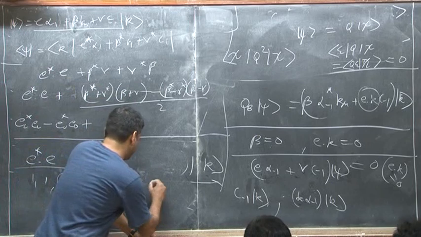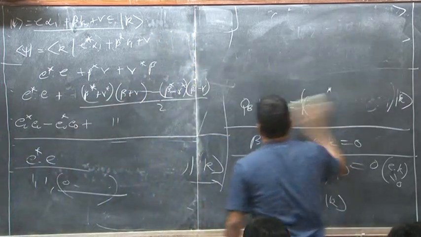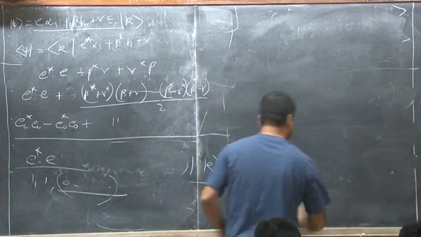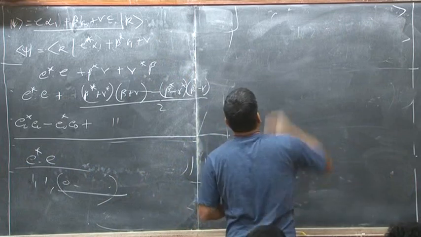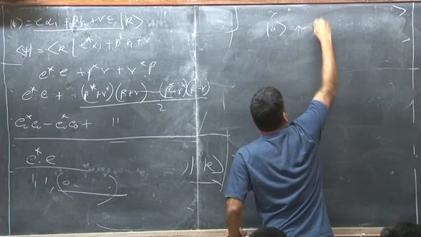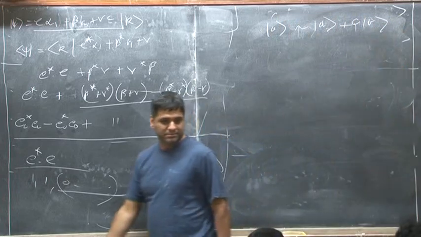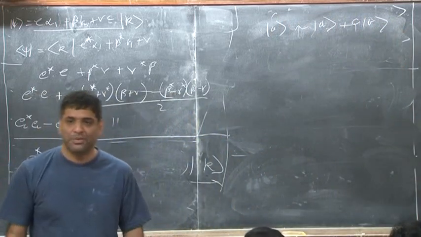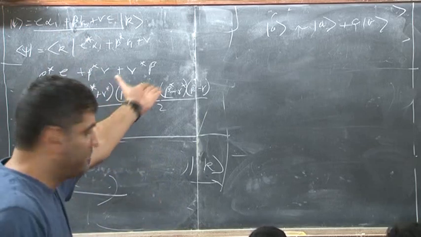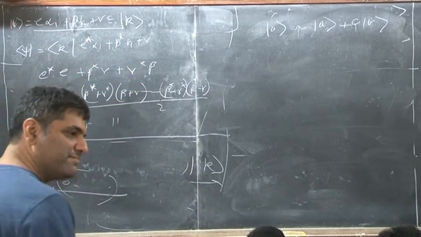Because suppose I've got some state A, and I change it by a BRST exact piece, A plus Q B. Then the dot product of this state with any other Q closed state is independent of B, just because Q B is orthogonal to every Q closed state.